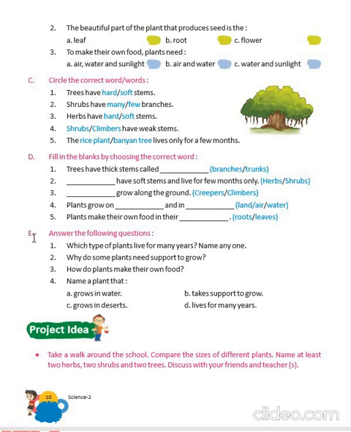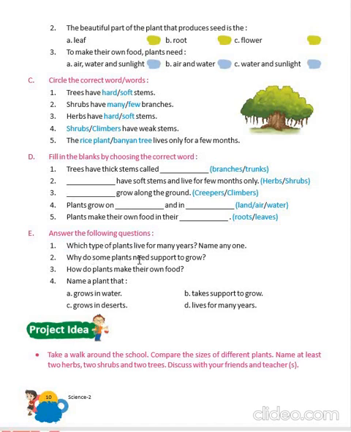Now come to E. Answer the following questions. Which type of plants live for many years? Name any one. Trees live for many years. Banyan is a type of tree. Now come to second.